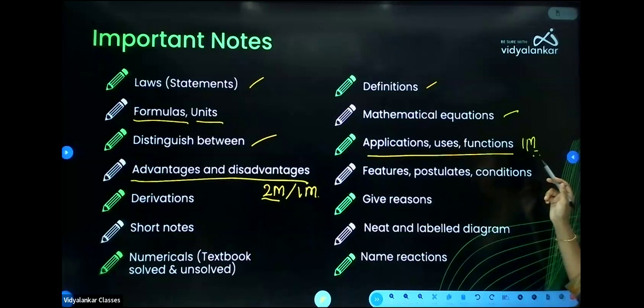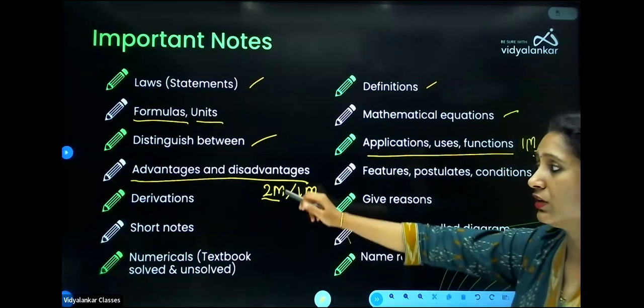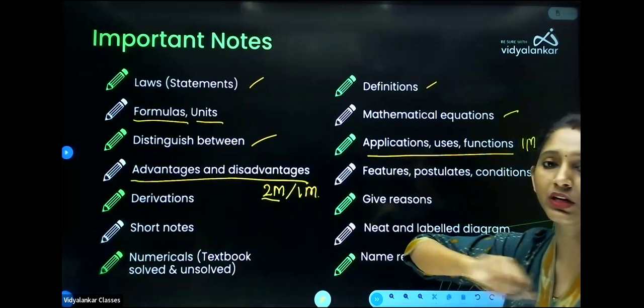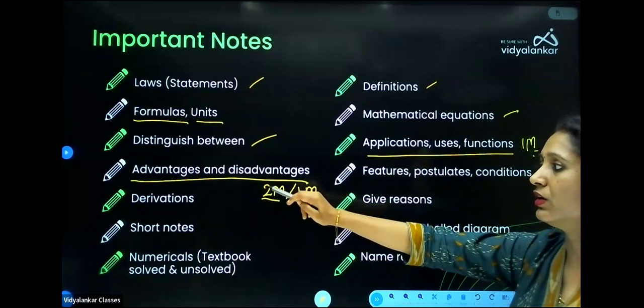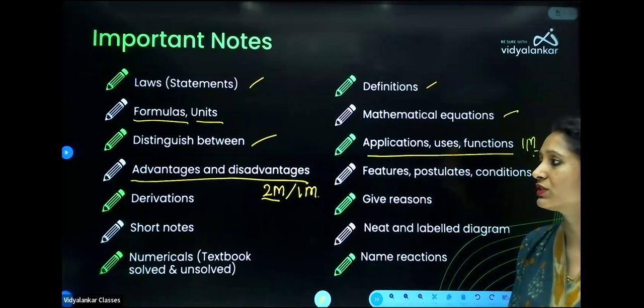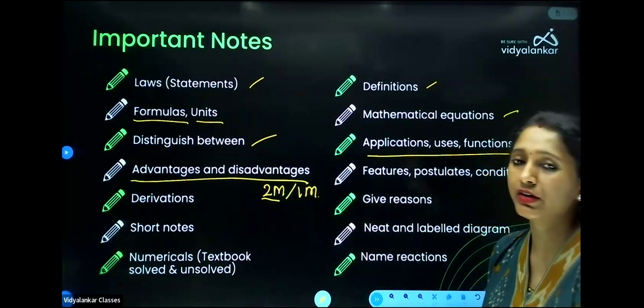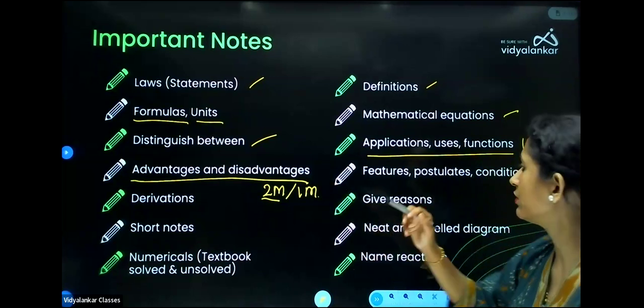If it is asked for 1 mark, you're expected to go with only 2 points. So do not skip advantages, disadvantages. In the last chapter, green chemistry, there are the advantages and disadvantages of nanotechnologies asked. So do not skip the advantages and disadvantages wherever you find in our syllabus.